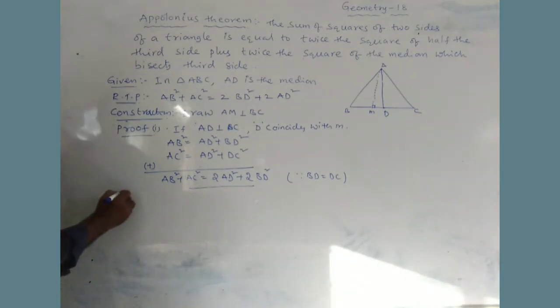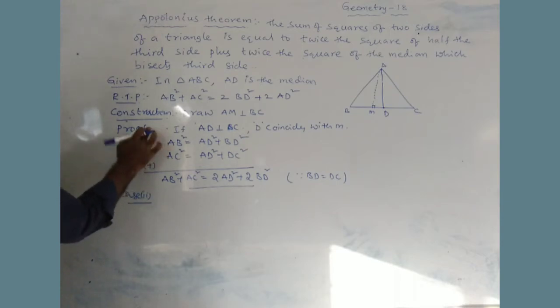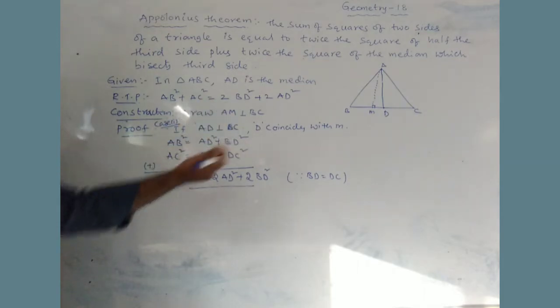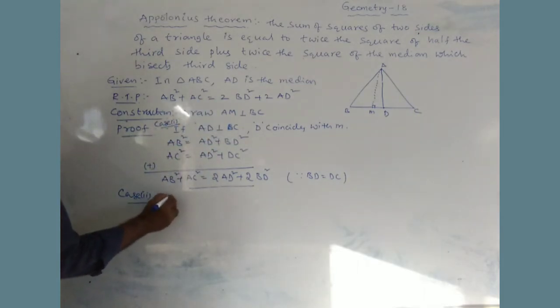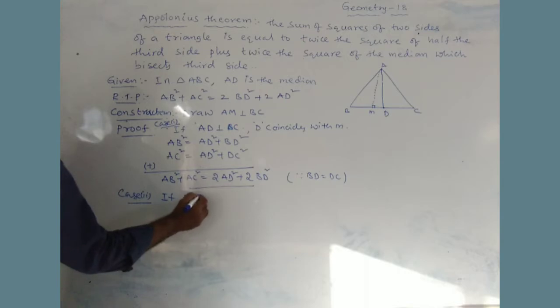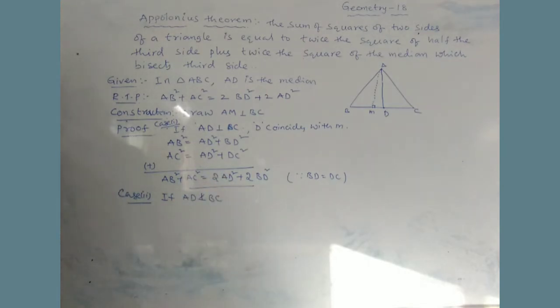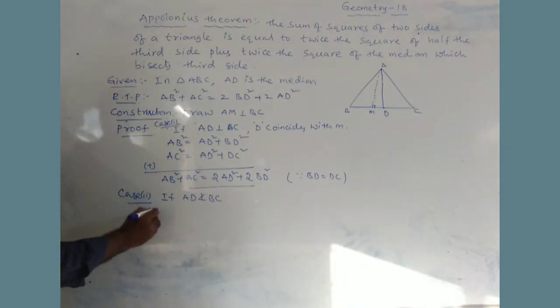Now look at case 2. Case 1 was when AD is perpendicular to BC. Now case 2, if AD is not perpendicular to BC, then what happens?